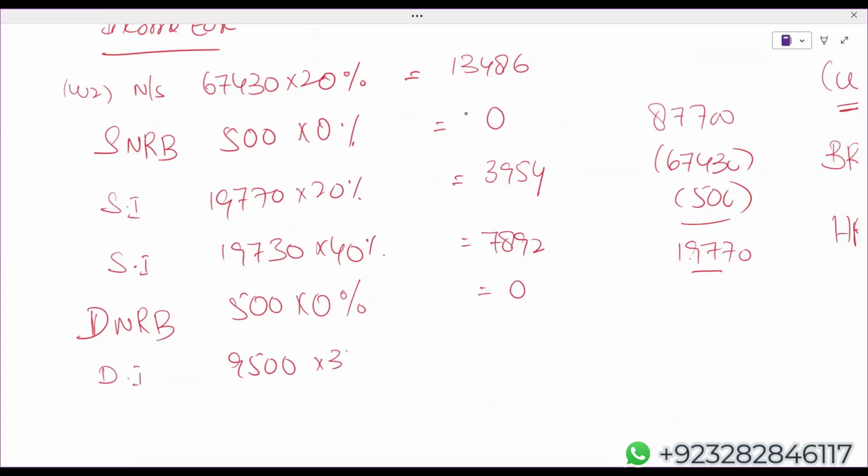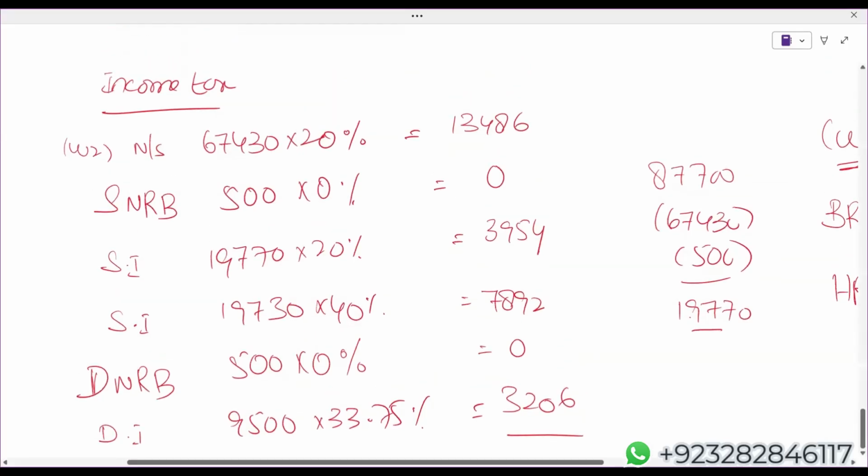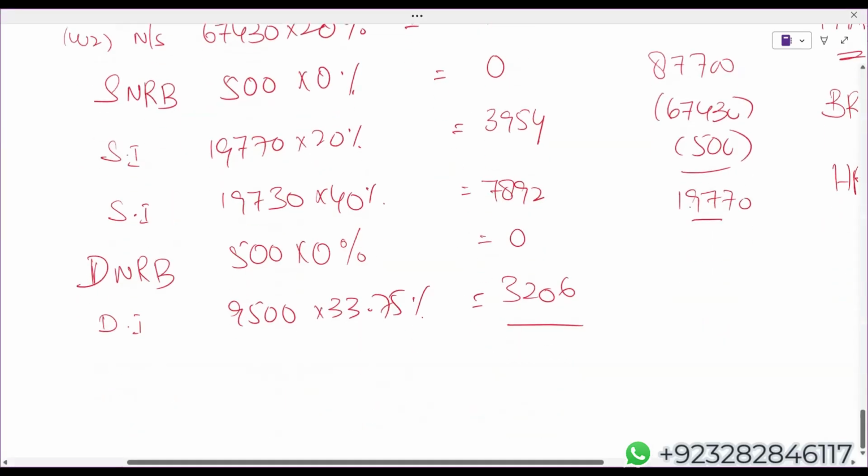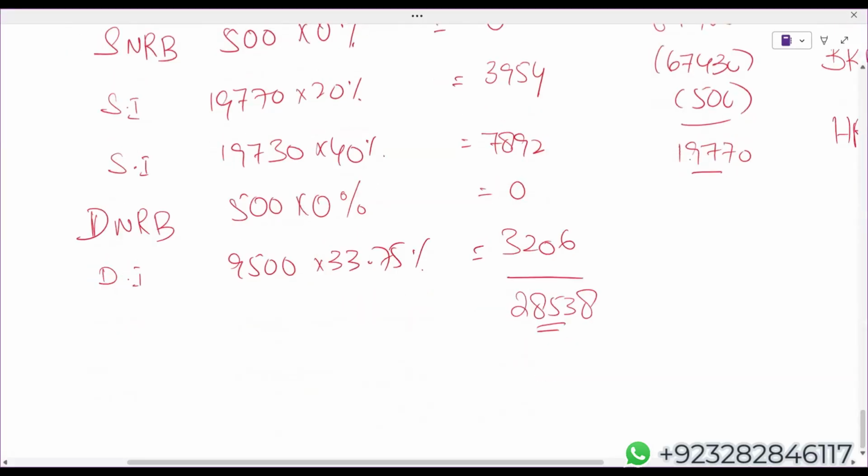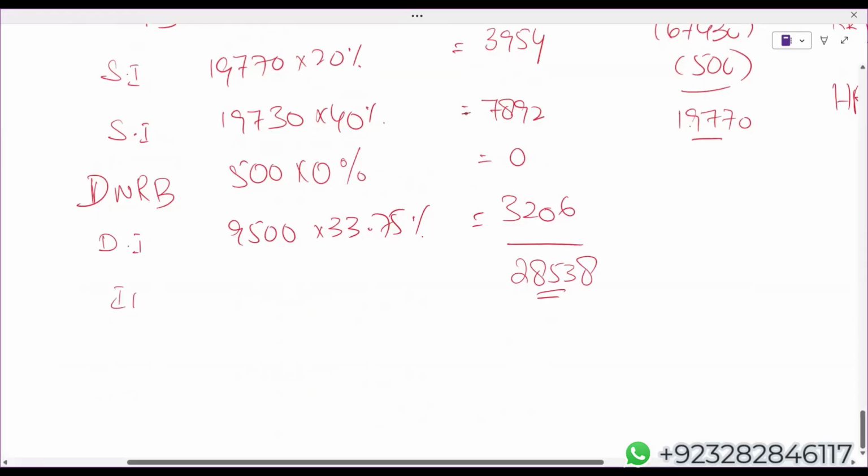Applicable rate is 33.75%, which gives 3,206. So here comes income tax liability: 13,486 plus 3,954 plus 7,892 plus 3,206. Students, I'm getting 28,538. So this is the income tax liability.